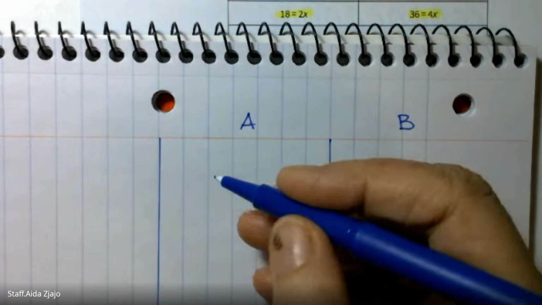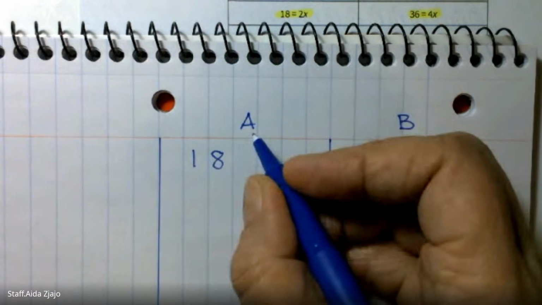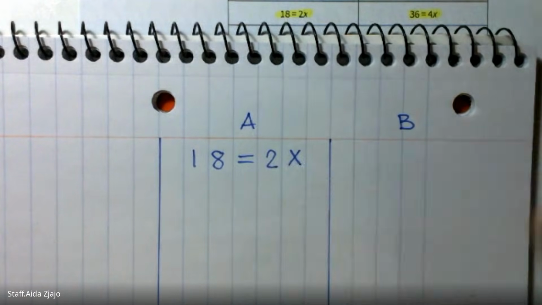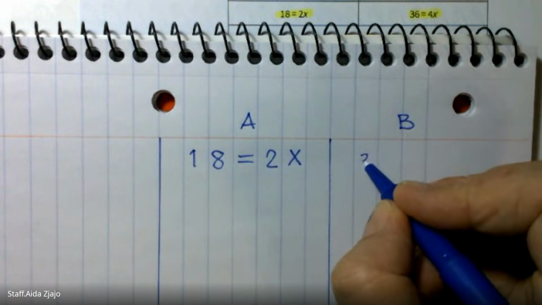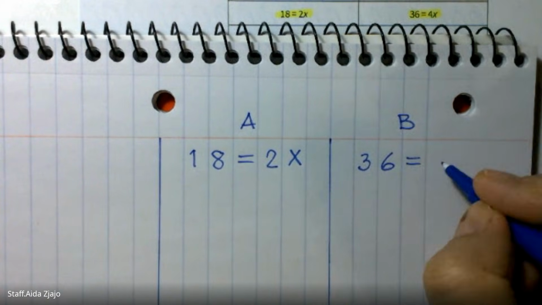So A is 18 is the same as 2x, and over there 36 is the same as 4x.